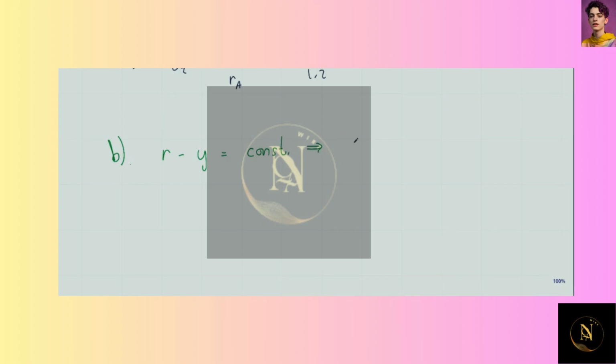And this implies that the second derivative of y with respect to time is simply equal to the second derivative of r with respect to time. So using some kinematics, we can see that the y component of the acceleration of B is obviously y double dot, and this is r double dot.